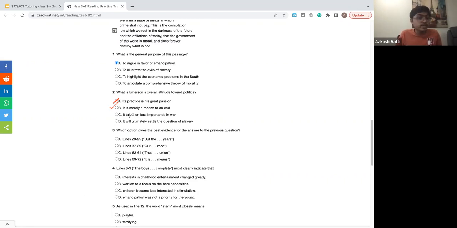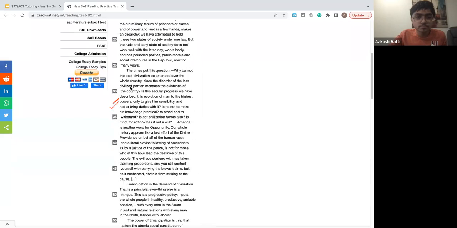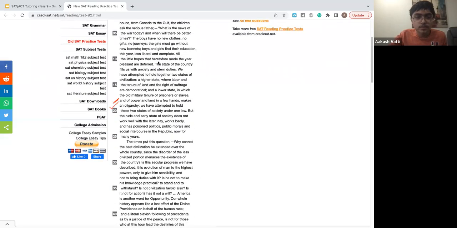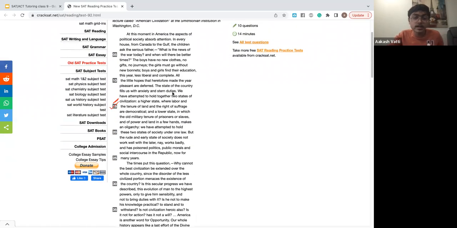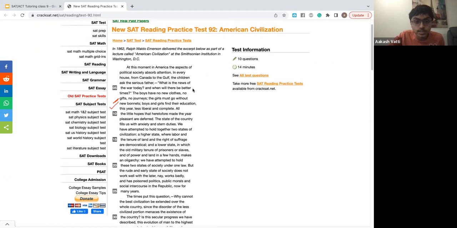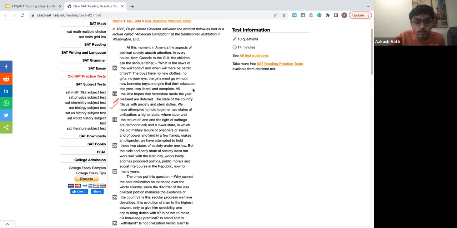It takes on less importance during the war. I mean, nowhere really does it say it takes on less importance. If you go up, political disunity is mentioned multiple times over the entire passage and is very important still, even during the war.